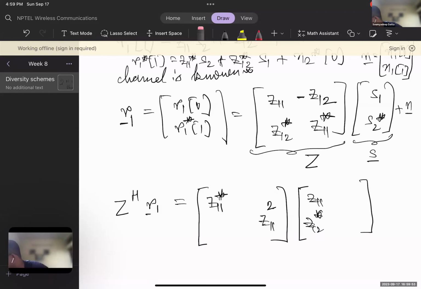And then there will be a transpose. I'm just doing it very quickly, so pardon my mistakes.